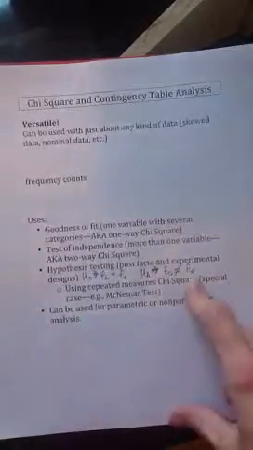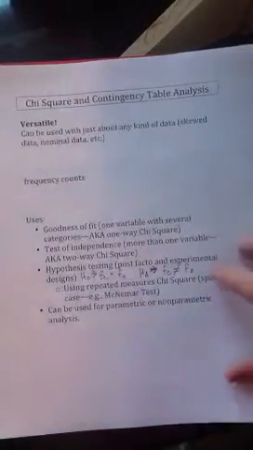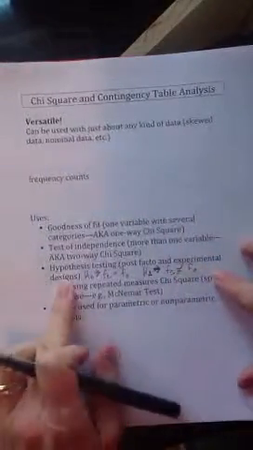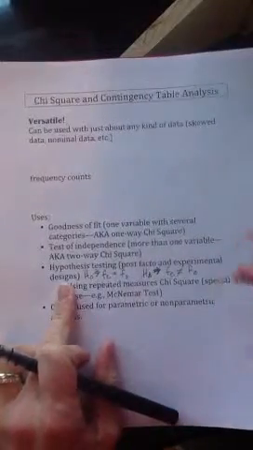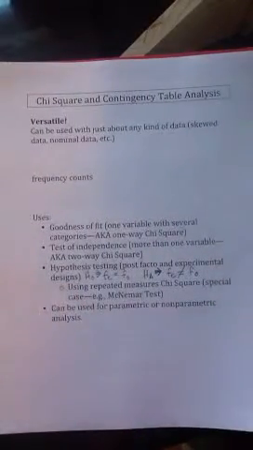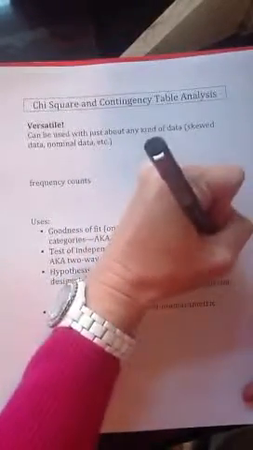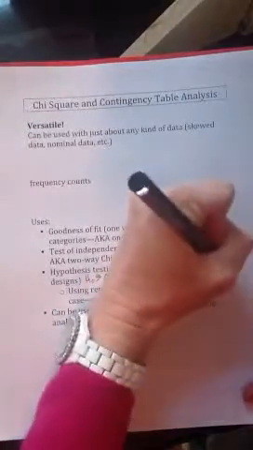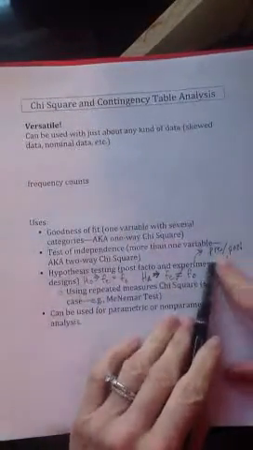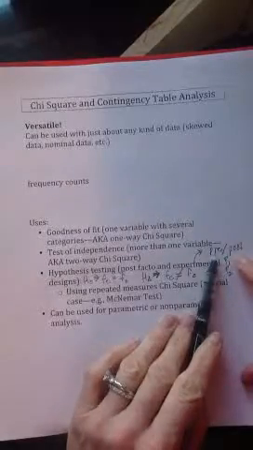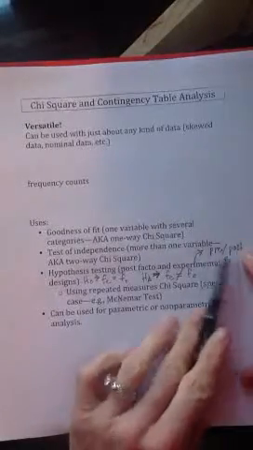Now, when you're using chi-square for experimental designs, you're probably going to be using a pre-post type of situation, or different points in time, like point 1 in time, point 2 in time, etc. In those situations, you're going to be dealing with the same participants in your research at different points in time.